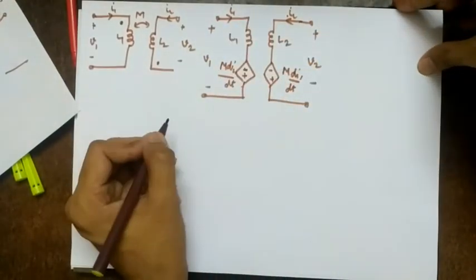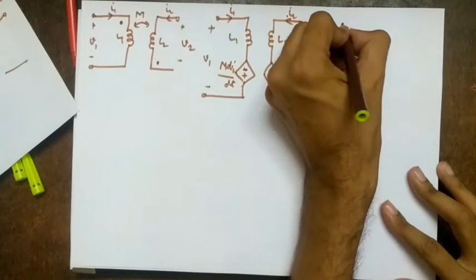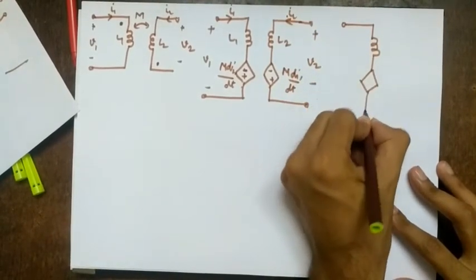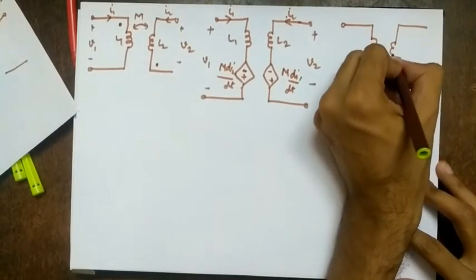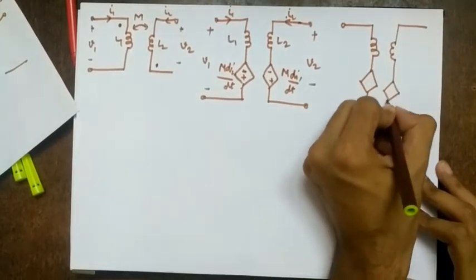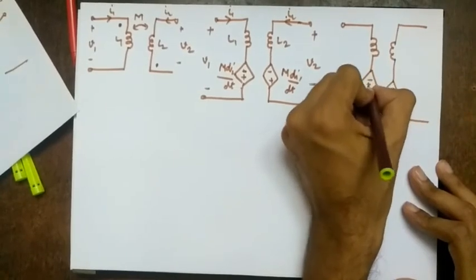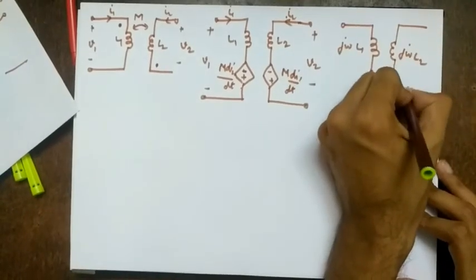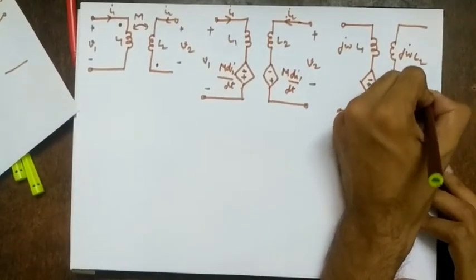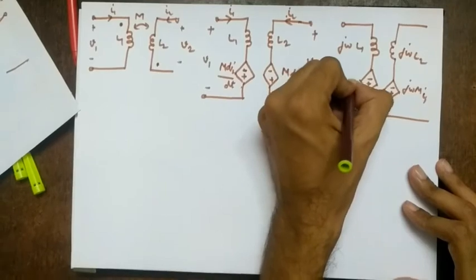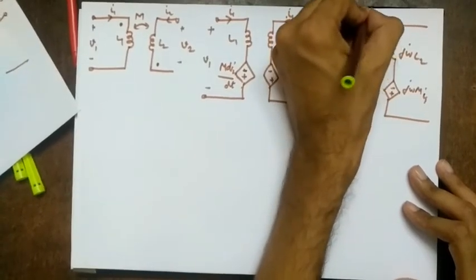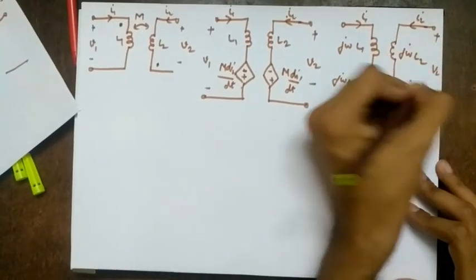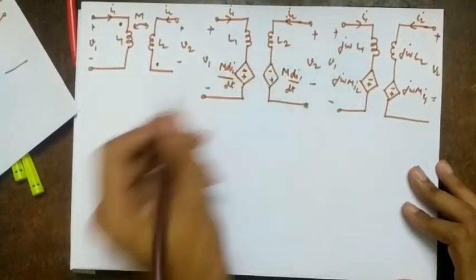What becomes of it in the frequency domain? The exact same circuit will be drawn, just the notations will change. Minus plus, minus plus. This will be j omega L1, this will be j omega L2, this will be j omega M I1, j omega M I2. This is I1, this is I2, this is plus minus V2, plus minus V1, right?